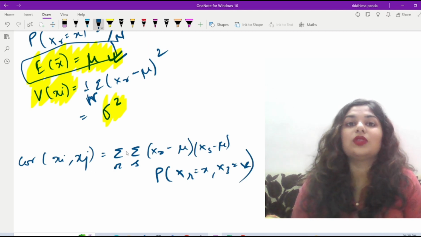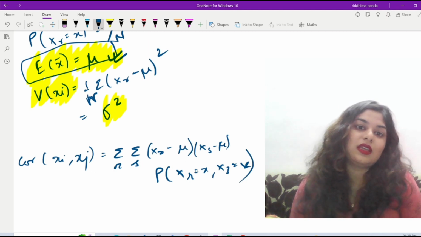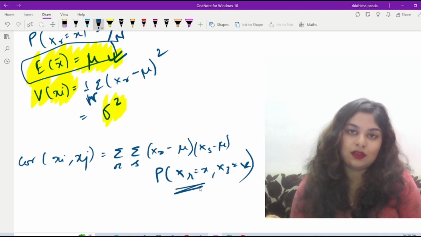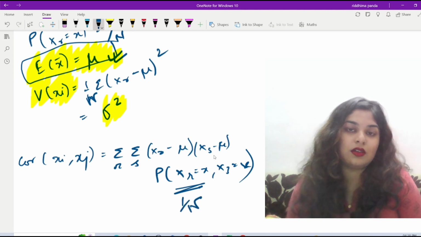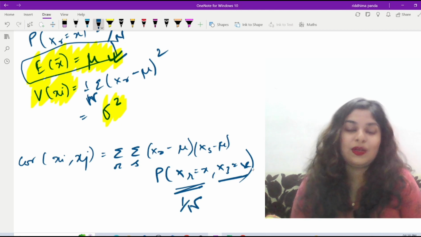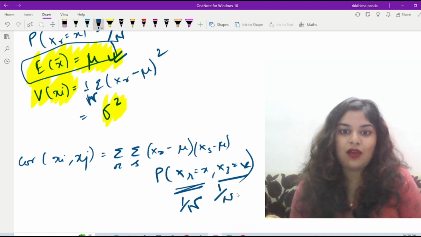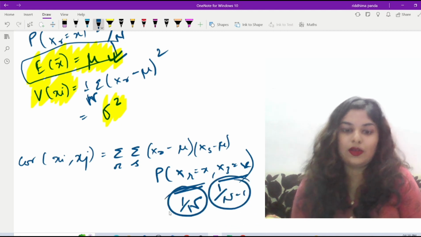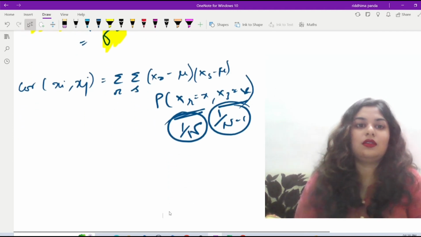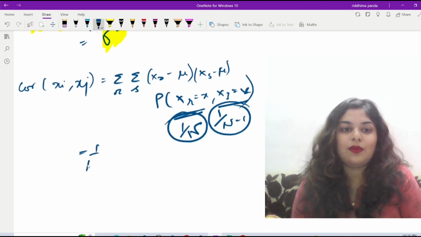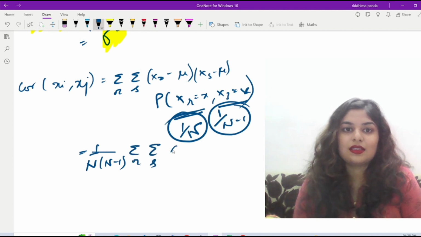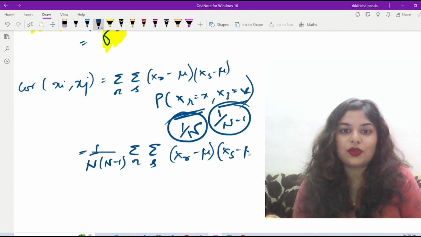Since this is without replacement, when I am drawing the rth term the probability will be 1 by n, but during the next draw, that is s, I will have 1 by n minus 1 as the probability. So I can write this as 1 by n into n minus 1, summation over r, summation over s, of xr minus mu into xs minus mu.